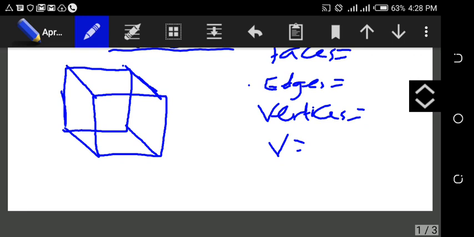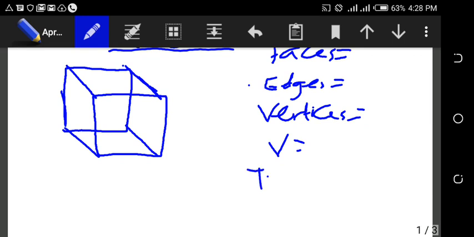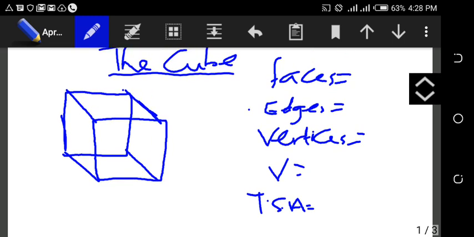And of course, we're going to consider what is known as the total surface area, I'll call that TSA, which I'll explain what that means in just a second. So we're going to consider the cube under the following: the number of faces, the edges, the vertices or the vertex for singular, the volume V, and then the total surface area.